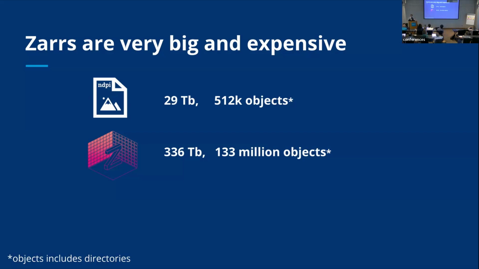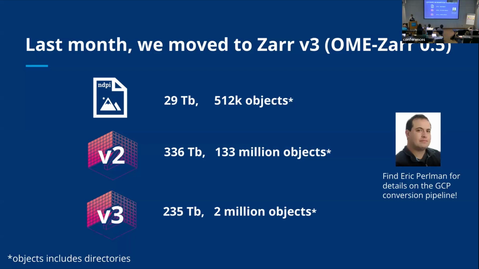Multiple 100 million objects is quite difficult to work with, actually. So converting to Zarr v3, thank you to Eric Perlman. If you want details on how he made the GCP conversion pipeline for this, please talk to him. But we went from over 100 million objects to 2 million objects.